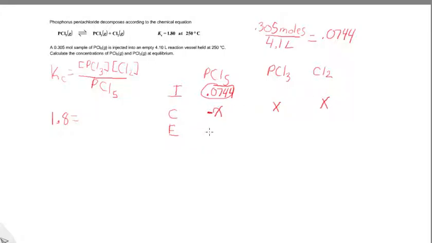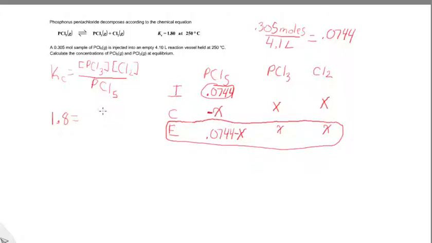So at equilibrium, with 0.0744 minus x, this is x, this is x. So if I take these expressions, I can plug them in. I get x times x over 0.0744 minus x.